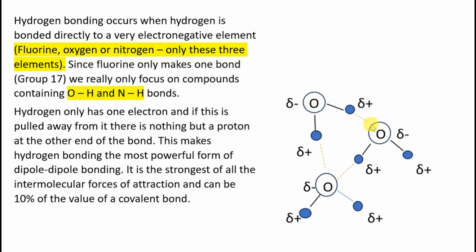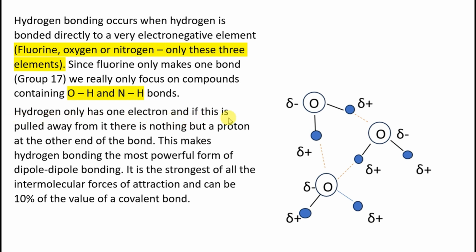Very different with oxygen. Oxygen in the diagram I see bonded to two hydrogens. That will give hydrogen bonding. The second of those bonds could be to anything else including carbon, and that means there's an immense number of compounds involving oxygen that could form hydrogen bonds. Why is it so important?